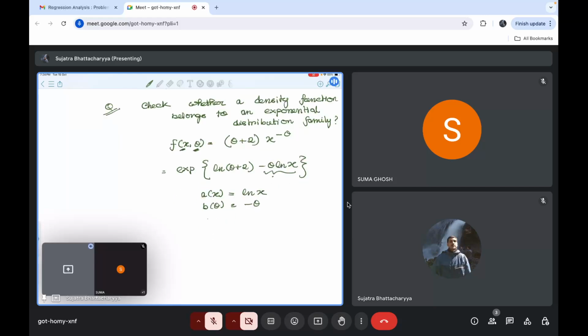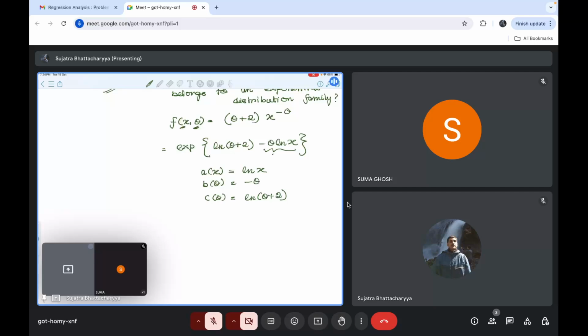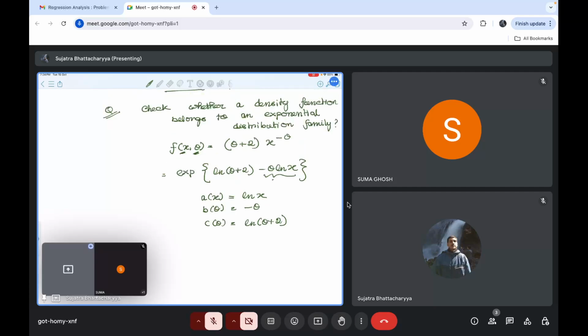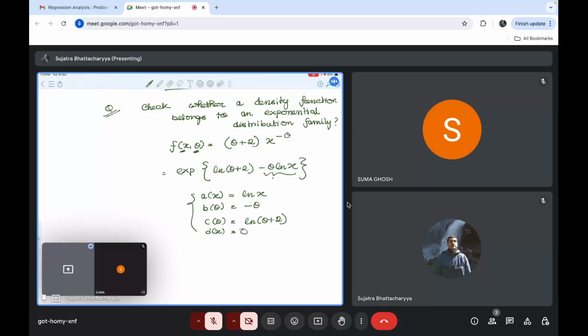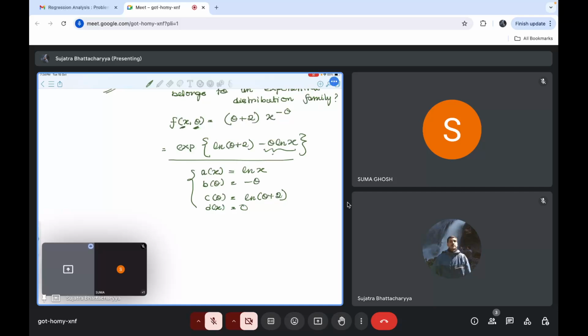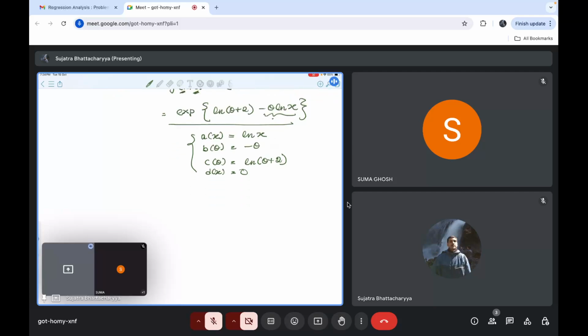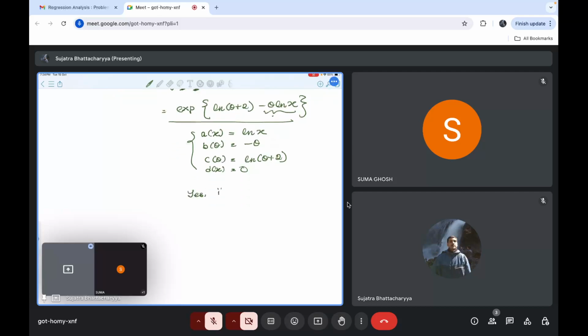Now, what about c of theta? It is log of (theta plus 2), and d of x is, suppose, 0. So all these conditions are satisfied. We are able to write this density function with some known functions. So we can say that yes, it belongs to the exponential family of distribution.